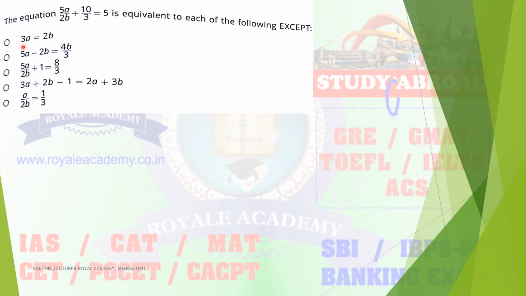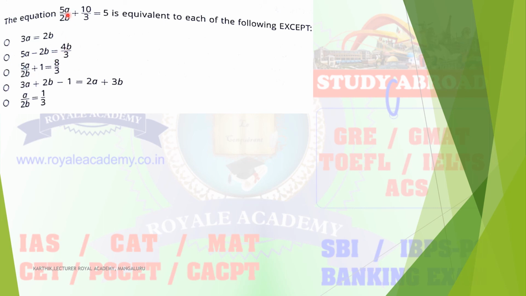Then balancing the equation, left hand side is equal to right hand side. The equation which gives a different answer on the left hand side and the right hand side is the one that is not equivalent, that is the except. So which equation gives a left hand side value that is not equal to the right hand side value, you have to determine. I hope all of you understood.